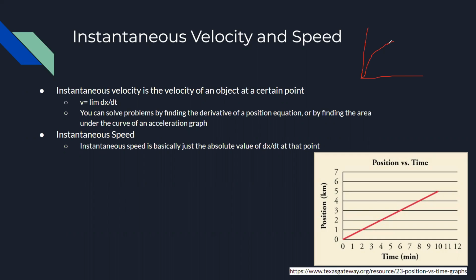Let's say instead of finding the average velocity from t equals 1 to t equals 3, you can find the instantaneous velocity, or the velocity at a certain point. For that, you again take the slope at that certain point.